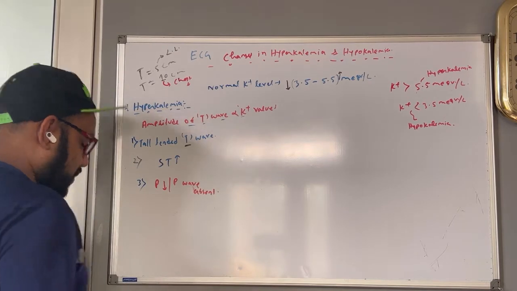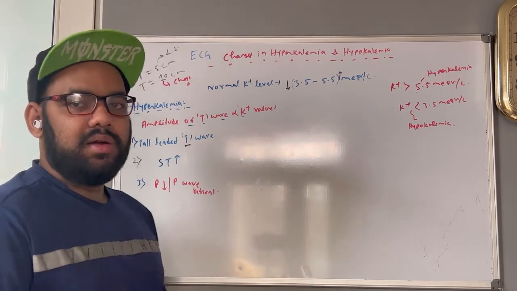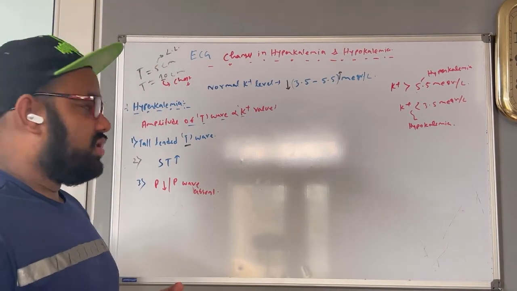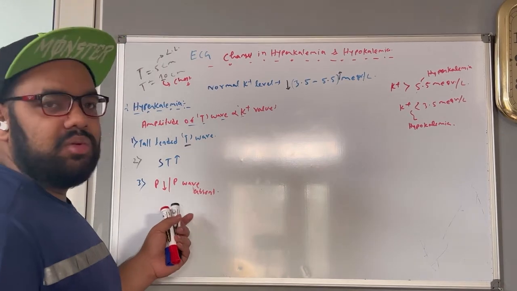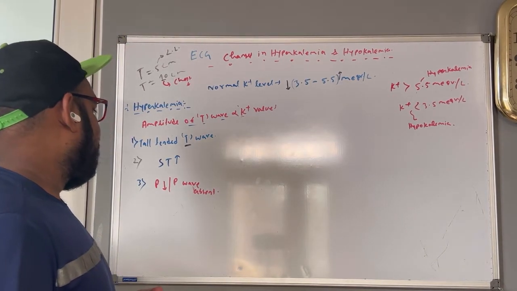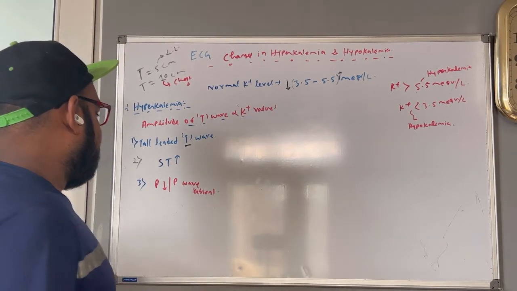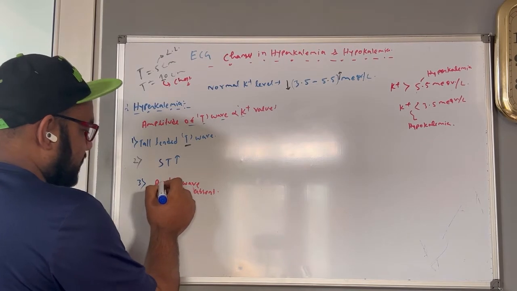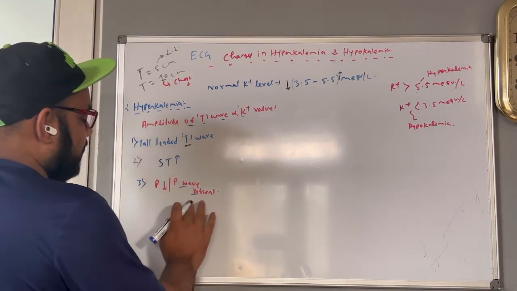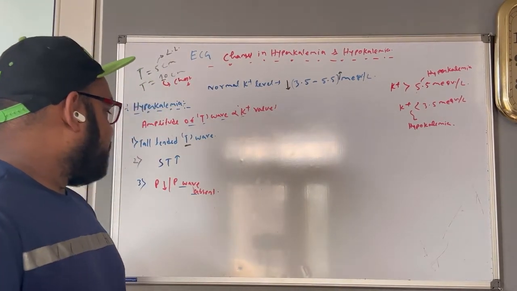Why do we get the P wave absent over here? The potassium is responsible for causing the repolarizations, but the P wave we get when we get the depolarizations. If we get a higher potassium value, that will overlap the depolarizations, and as a result the amplitude of the P wave will be less, or sometimes the P wave will be absent.